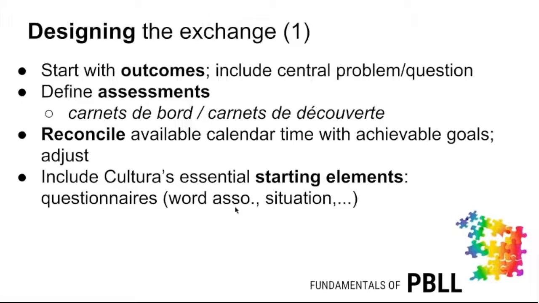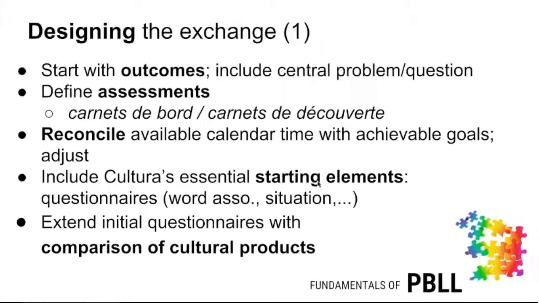Now, as we saw in the Cultura exchange, this is not the end. We saw students progressing beyond the initial starting element into the exchange and realizing, hey, those responses that came out regarding banlieue in the word association were not the end, because actually in France, we do have banlieues that are luxurious and green like the American ones, but it's the media's association of banlieue with violence that tends to dominate our stereotypical image of a banlieue.